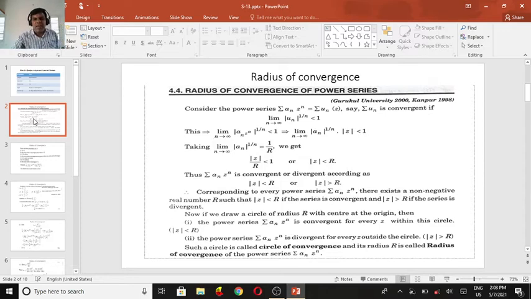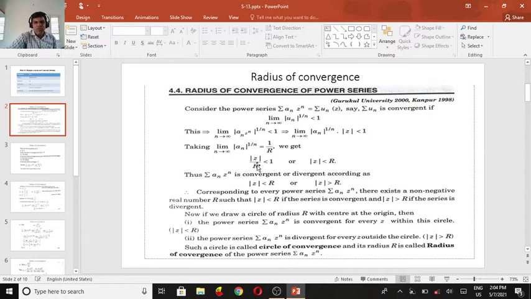Taking the limit as n tends to infinity, |a_n|^(1/n) is equal to 1/R, capital R. So we get mod z less than R. If we take this constant, the limit of |a_n|^(1/n), I denote the number R. So we can write the limit as n tends to infinity of |a_n|^(1/n) is equal to 1/R.